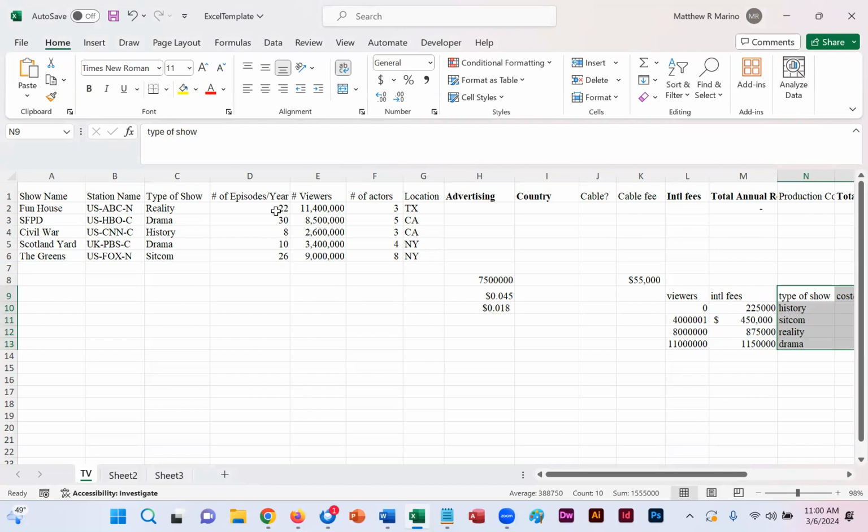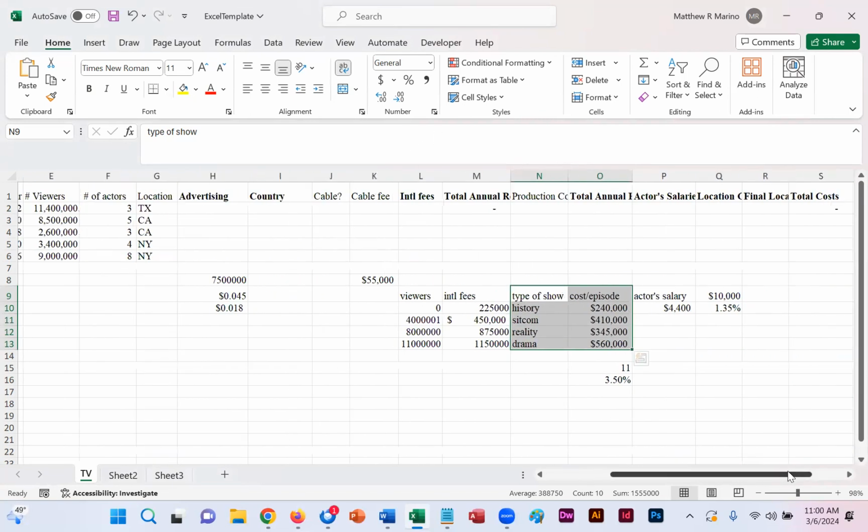And then you take that and do a payment function. So here for total annual payments, you do equals PMT. You take the 3.5% divided by 12, then the 11 multiplied by 12, and the last piece, your present value, will be the negative of your production costs.